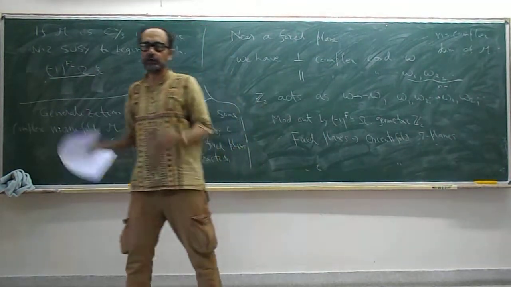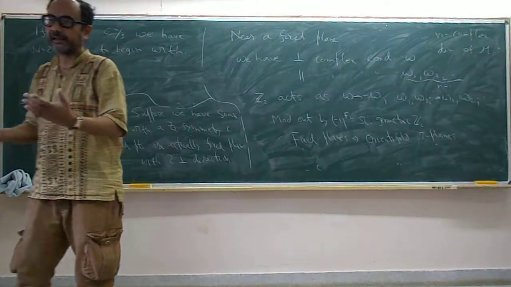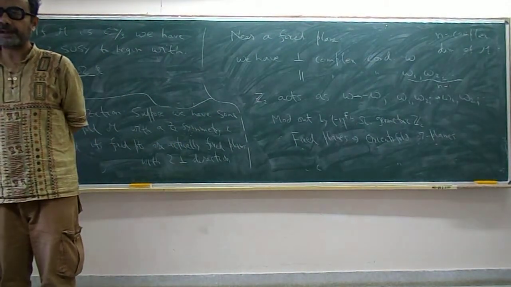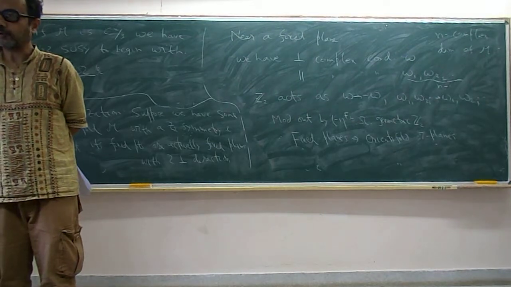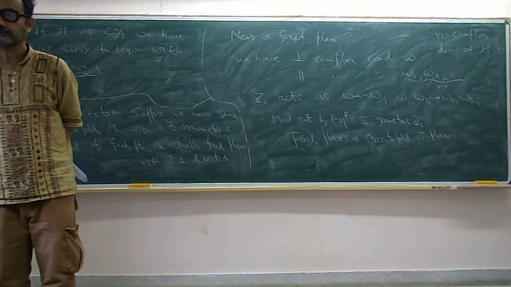This is important because this will be our starting point. Then we add fluxes and other things to see if we can break N equal to 1 supersymmetry, lift moduli, and so on.